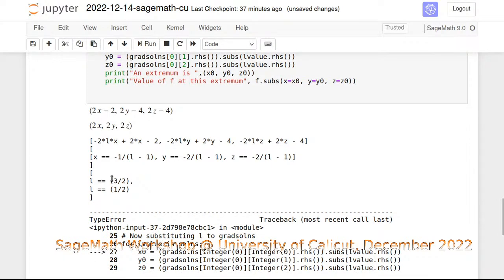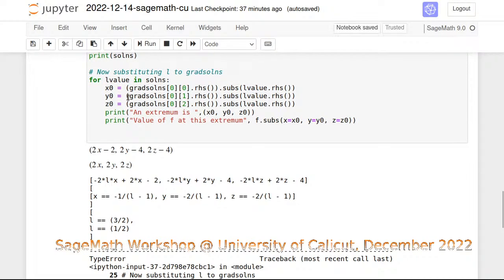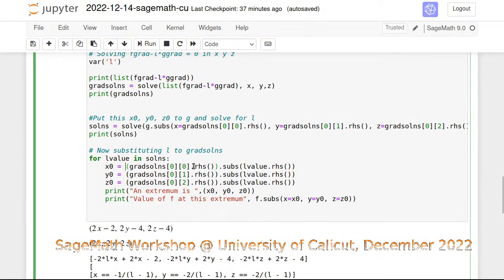An extremum, that is also not getting printed. An extremum is x naught, y naught, z naught. X naught is equal to the grid solutions 0 0. Oh, but what is that 0 0? Grid solution 0 0 is minus 1 by L minus 1, I guess. So for that, what we are supposed to substitute?